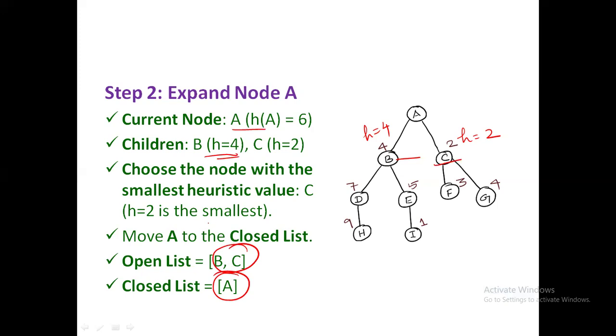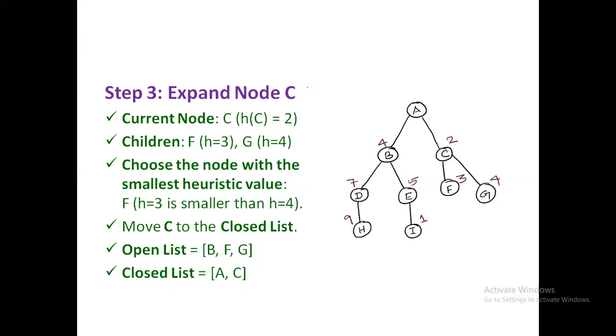In step 3, we have to expand node C, because it has the lowest heuristic value. Node C is now expanded. Its children are F and G. F has the smallest heuristic value.